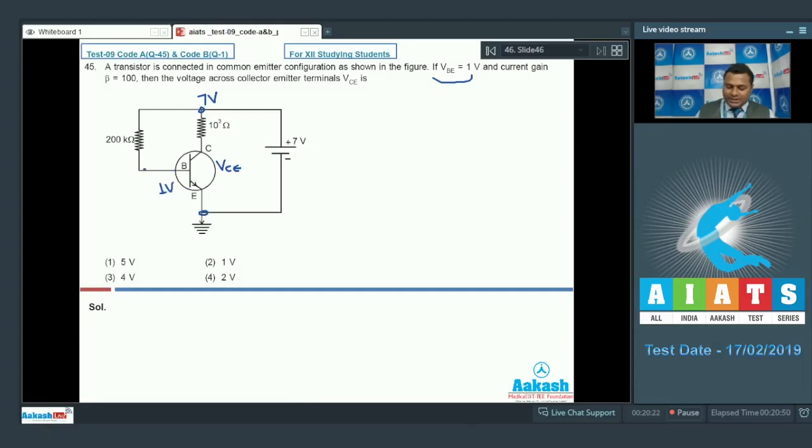Now this is the base. Suppose the base current is IB. Now we can write the value of IB as the potential difference, that is 7 minus 1, whole divided by total resistance, that is 200 into 10 to the power 3.